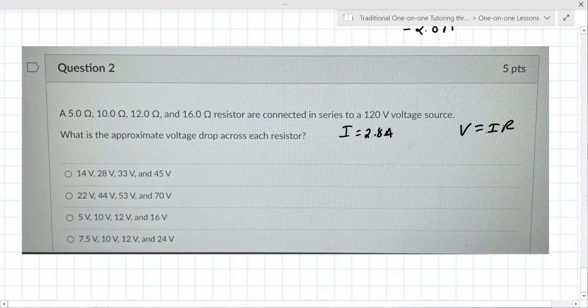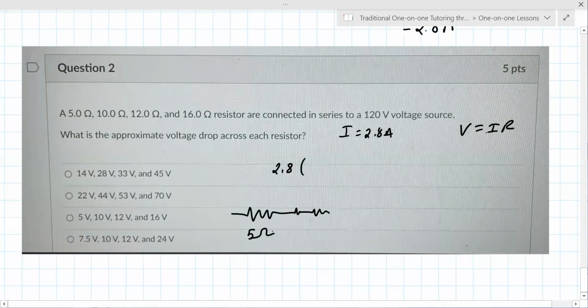So we've got 2.8 times, and then for each resistor, the first one is 5 ohm. So that's 5. And then the second resistor is 2.8 times 10 ohm.